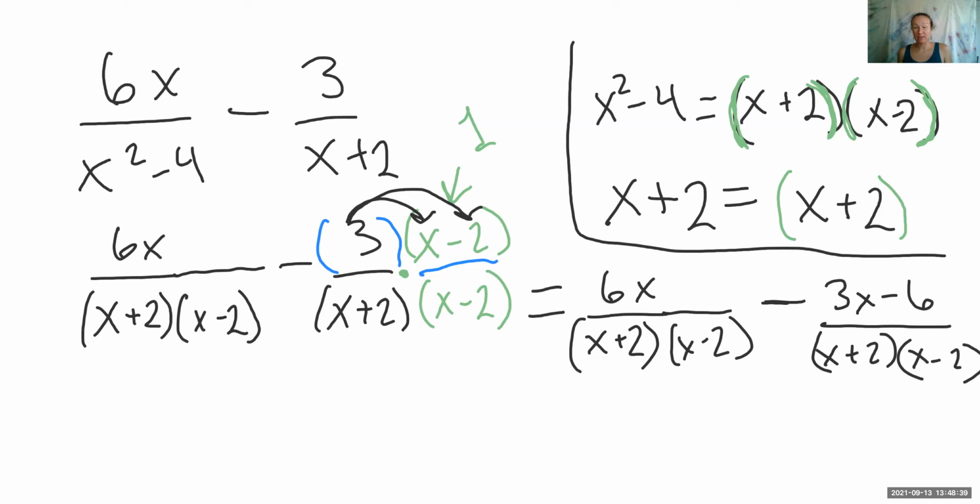Now that our denominators are the same, we're going to write a single fraction that has the same denominator. And as the numerators, we're just going to do our subtraction step. Okay, so our subtraction step is going to have us doing 6x minus 3x minus 6. But what's really important to notice here is that we are subtracting the entire 3x minus 6.